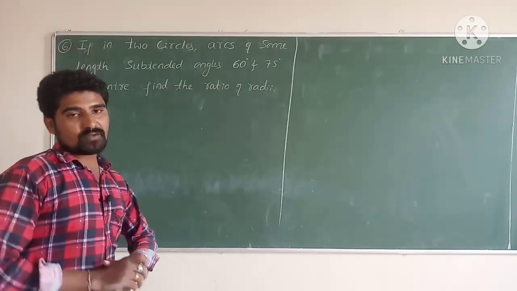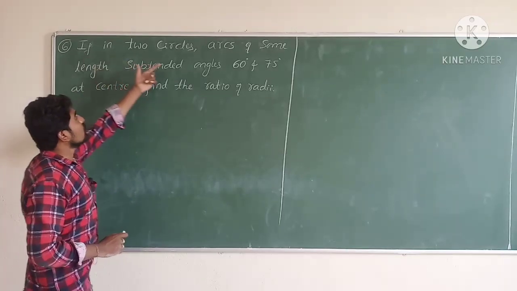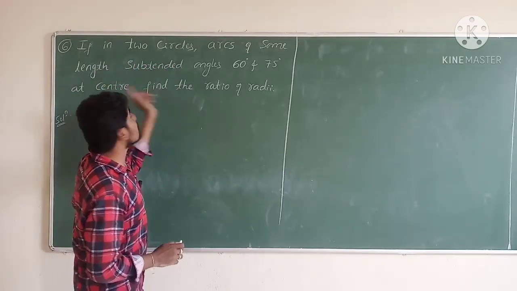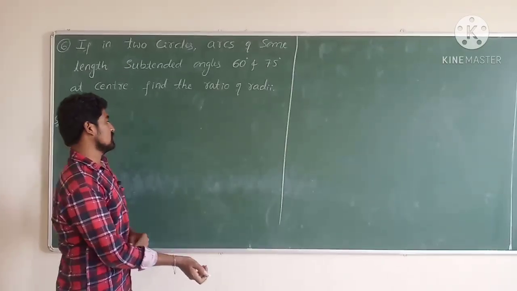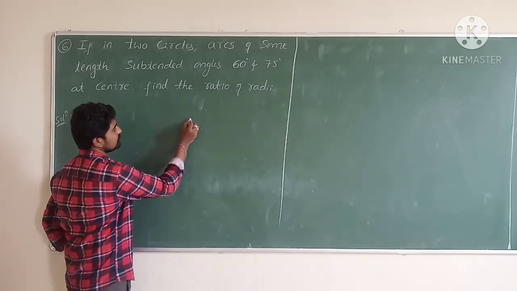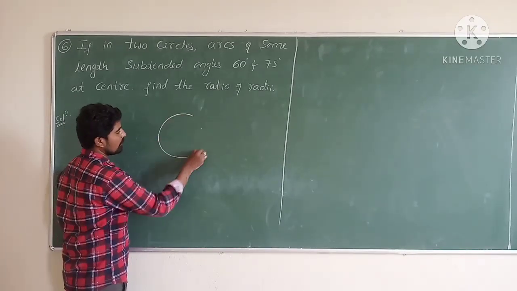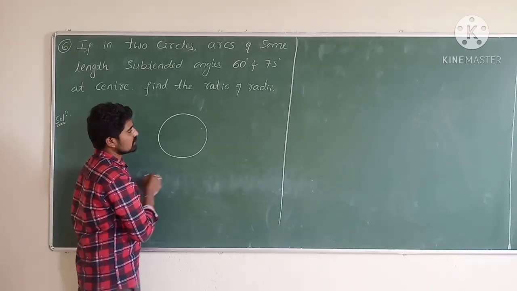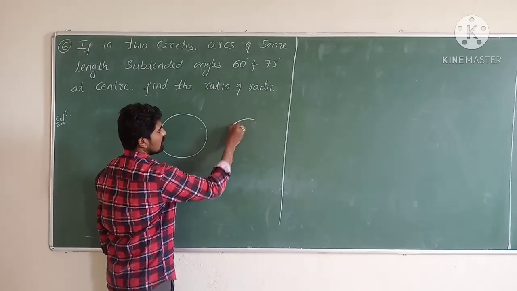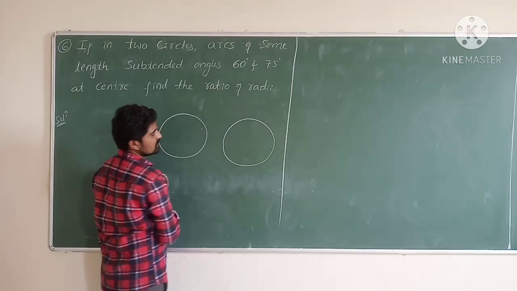So now the sixth question is, if in two circles arcs of same length, so let us consider the two circles. Let this be the first circle, let this be the second circle.